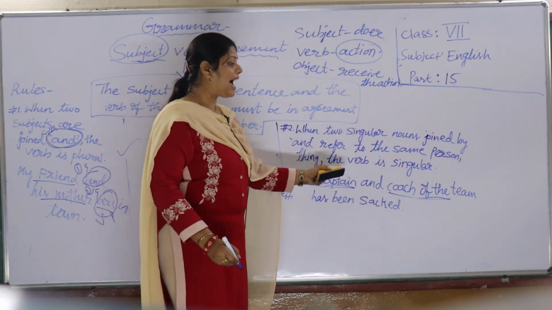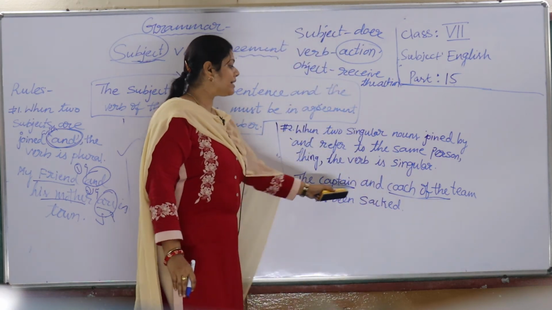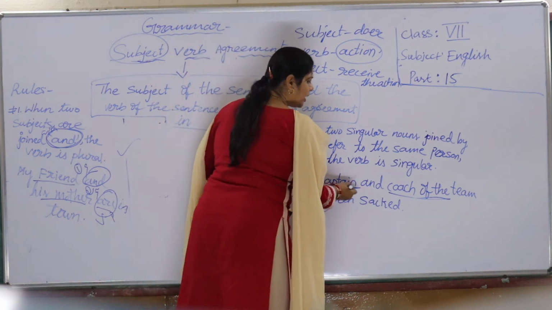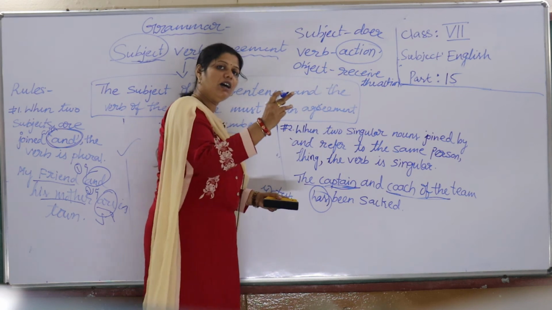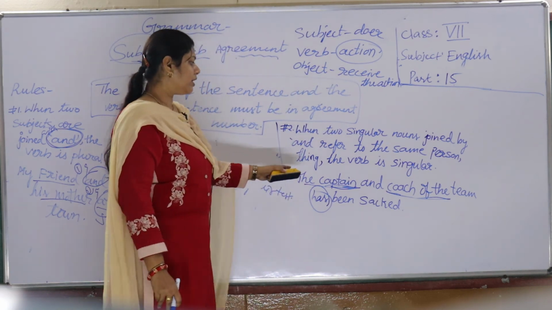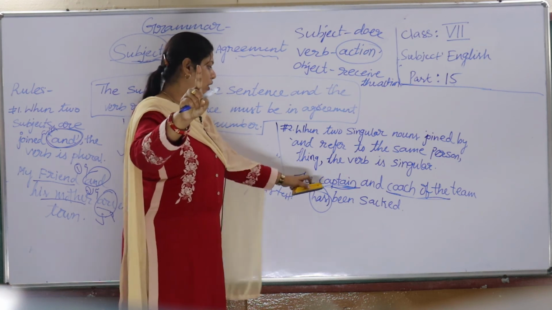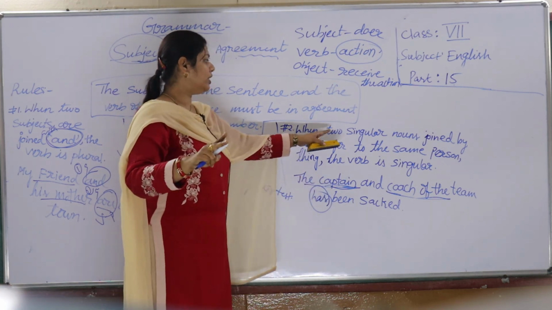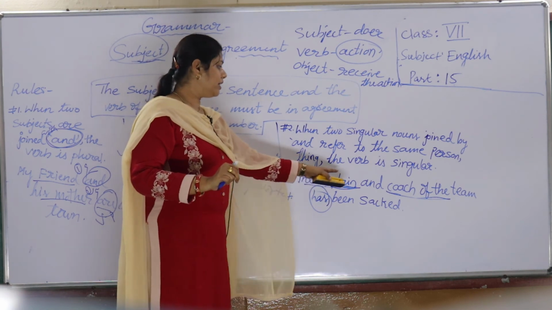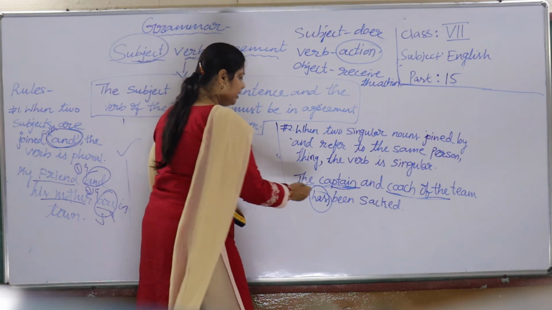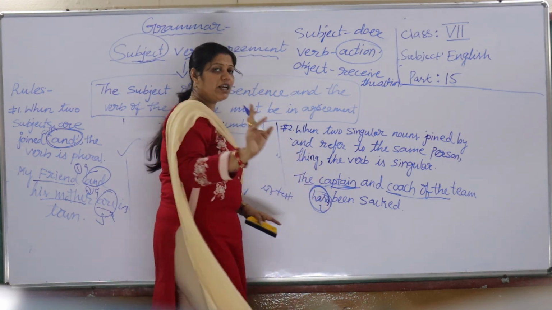The captain and coach of the team has been sacked. So here has is singular, because the captain is even the coach of the team. So the captain and coach of the team are both singular here. Though they are two nouns joined with and, they refer to one person, then your verb remains singular, has.